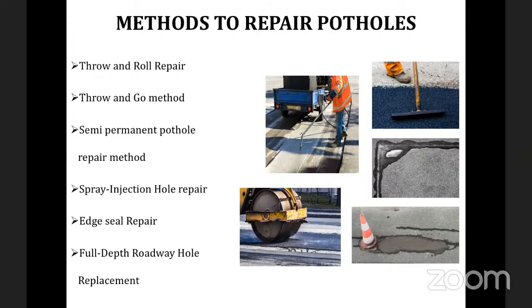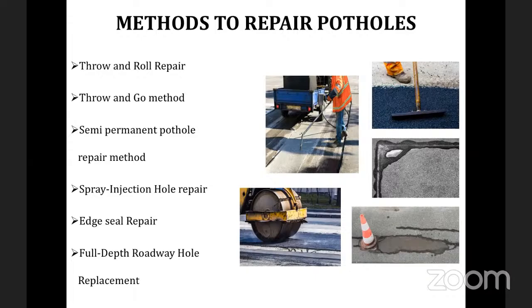So next, after the semi-permanent pothole repair method, comes the spray injection repair method. You can see from the figure. Here, the potholes which are formed, they will clear if water or debris is there. Then they will apply some tack coat as a binder. It will be sprayed into the potholes on the sides and the bottoms.